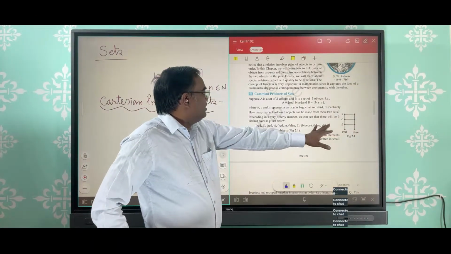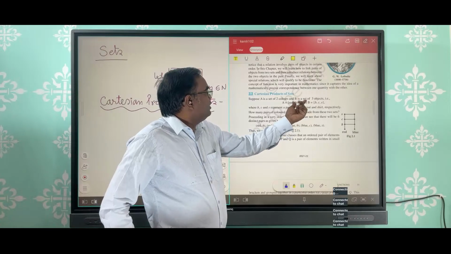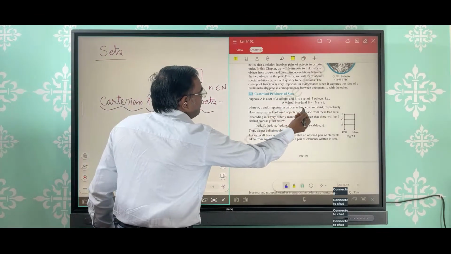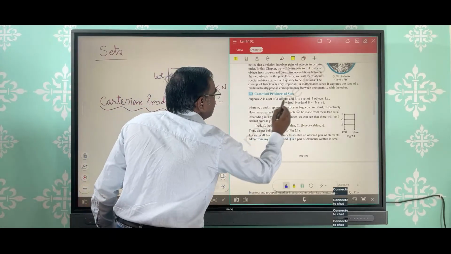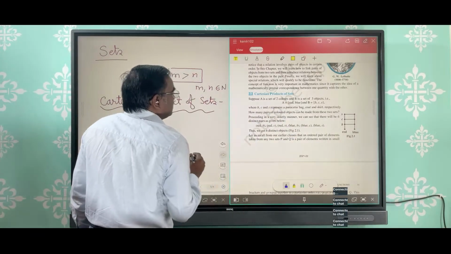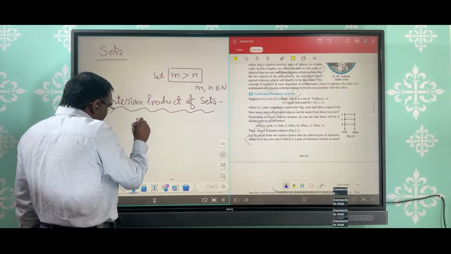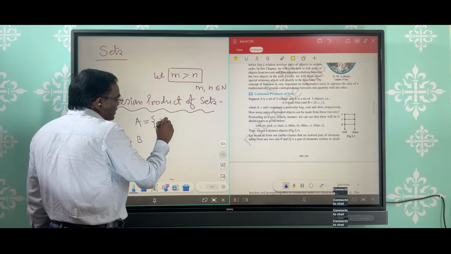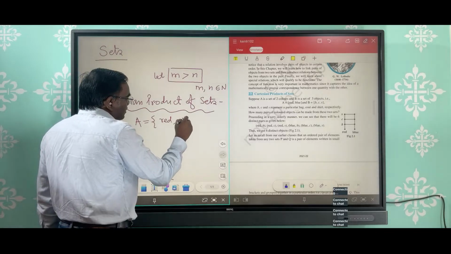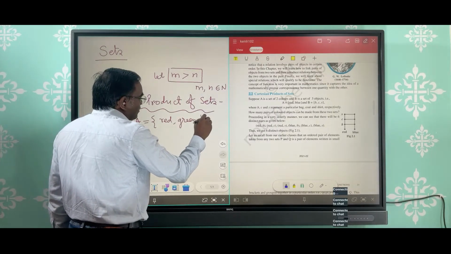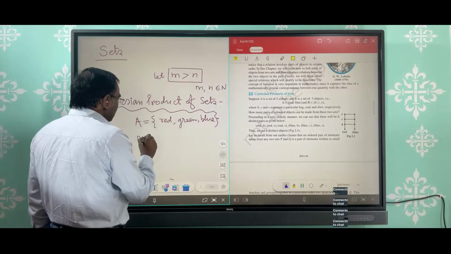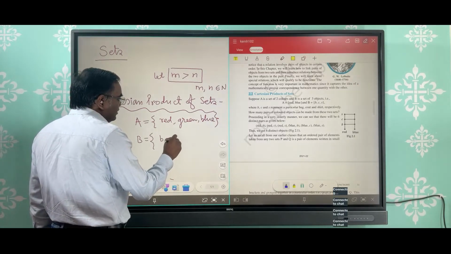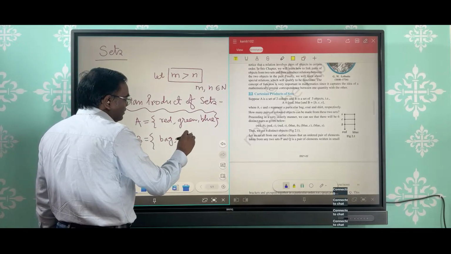Suppose we are given sets A and B. Set A represents different colors, say red, green, blue, and you have another set B of objects like bag, coats, pants.